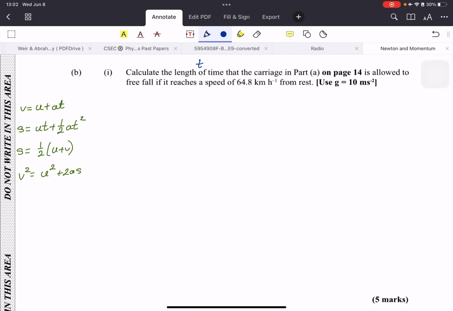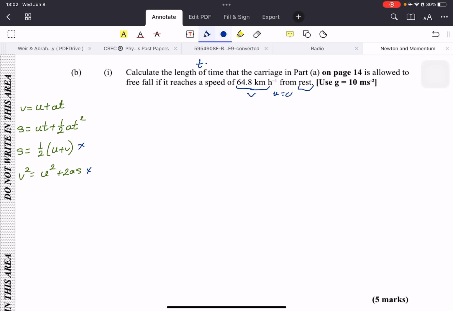Right, so in our question we have t, so that automatically takes out the third one and the fourth one as well. There's no t in those formulae, so how could we use them, right? All right. So it reaches a speed of 64.8. So this is v, and u is obviously 0, right?